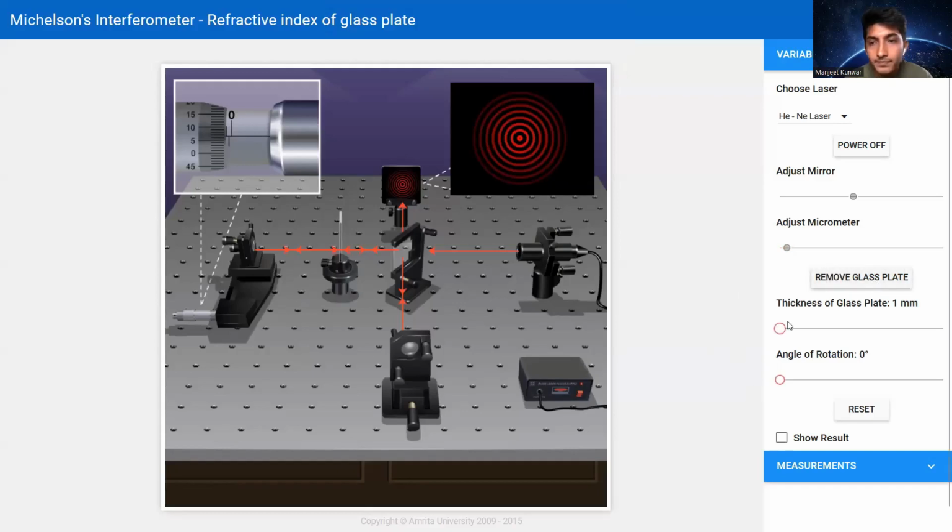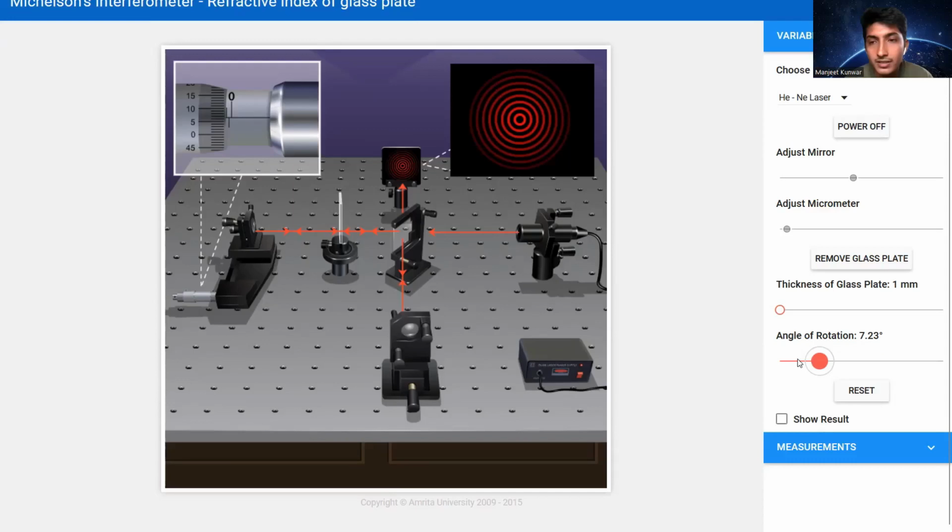The thickness of the glass plate can be 1 millimeter, 1.5 millimeter, 2 millimeter, 2.5 millimeter, and 3 millimeter, and we can adjust the angle of rotation of that glass plate, which is shown here, and we can show the result.